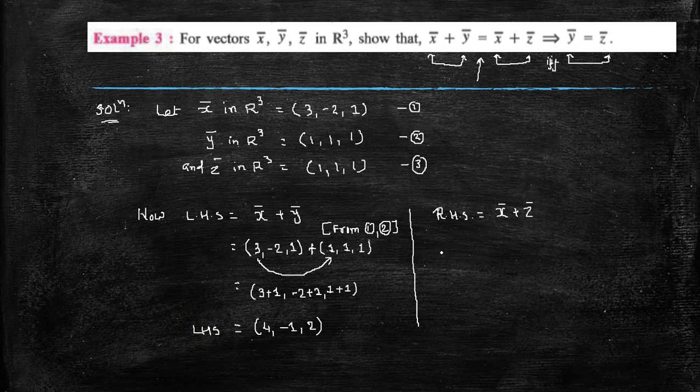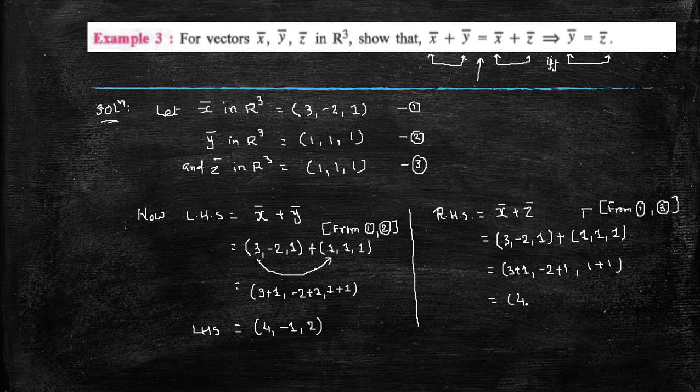Now let us find the right hand side value. Over here the elements of x are 3, minus 2, 1, plus the elements of z are simply 1, 1, 1. Now we all know that all these things are the same, so over here we should write from equation number 1 and 3: 3 plus 1, minus 2 plus 1, and 1 plus 1.